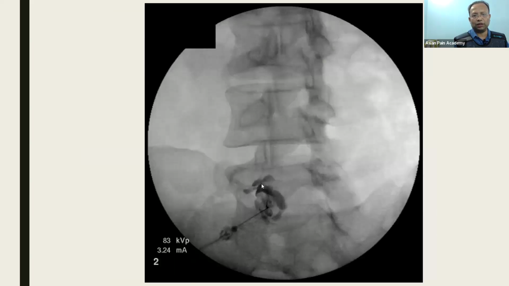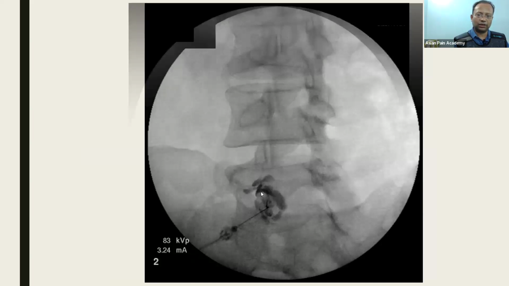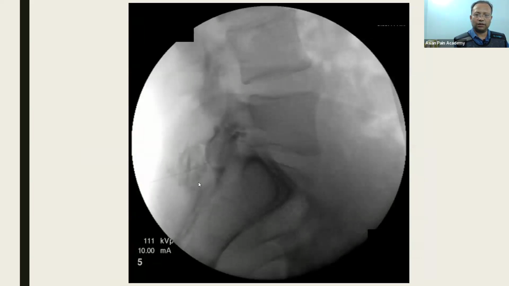So here is a nice spread inside a joint, but a better spread is possible. As I told you today, your needle can go through and through the facet joint. Here also it has entered the facet joint, but probably the tip had gone through and through.